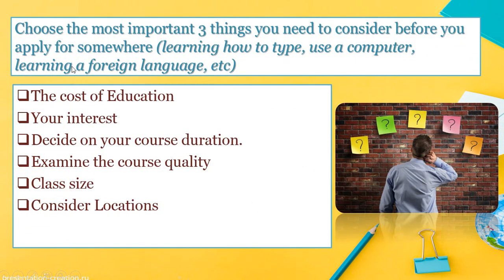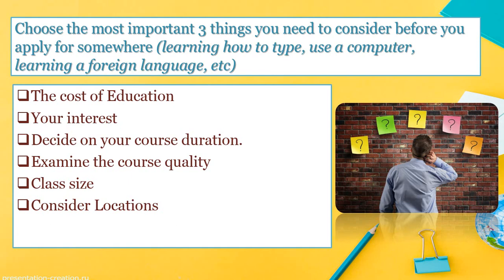Now here we have a small task for you. Choose the most important three things you need to consider before you apply for somewhere. For example, learning how to type, use a computer, learning a foreign language, etc. You can choose between these examples.